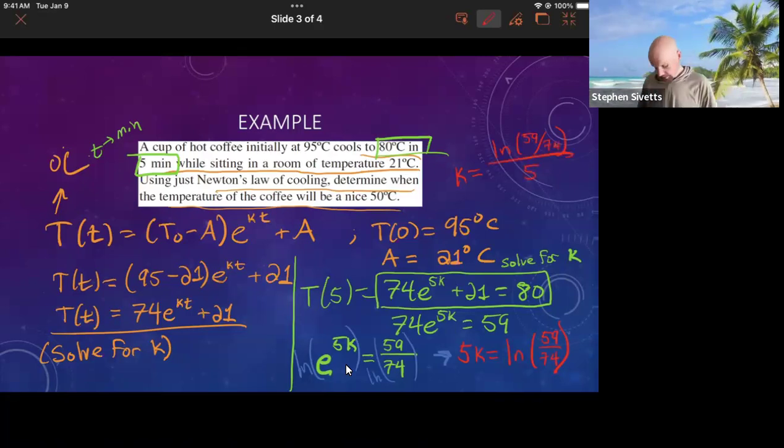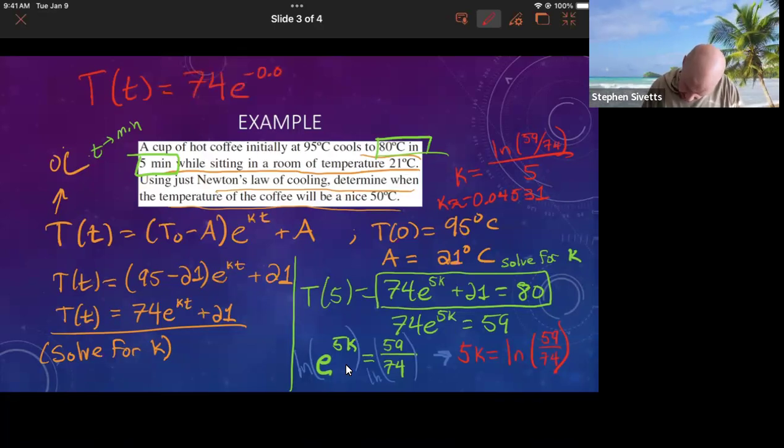Computing that ratio, K is approximately minus 0.04531. And so we have our function T equals 74 times e to the minus 0.04531 t plus 21. Okay, so this is our function.